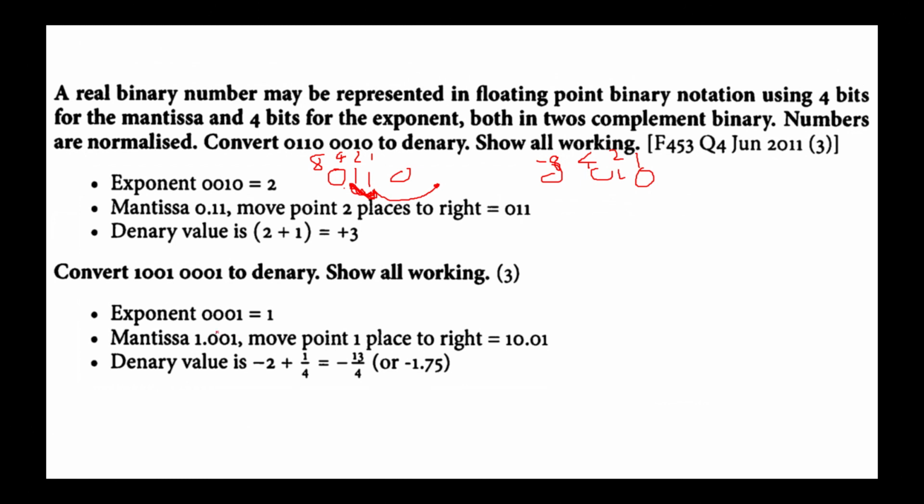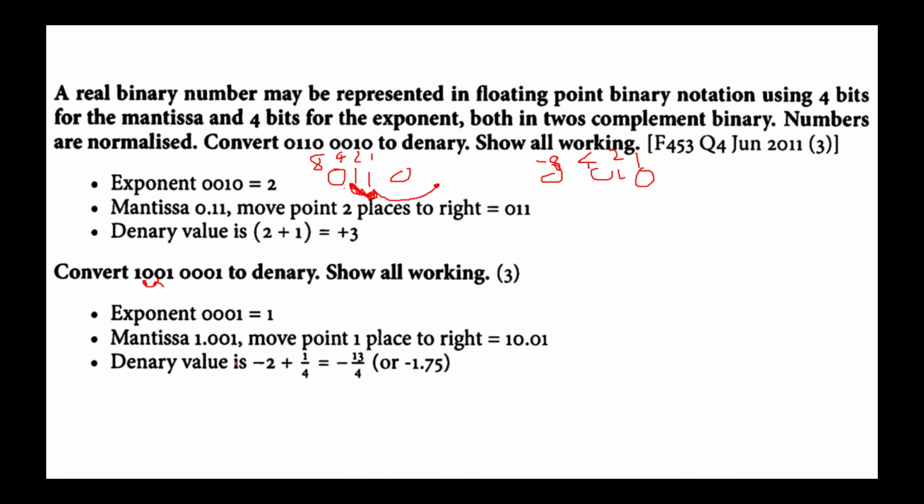So what you can remember is that the mantissa is 1.0, so you just need to put the point there, and it moves one place to the right. So it becomes 10.01, okay.